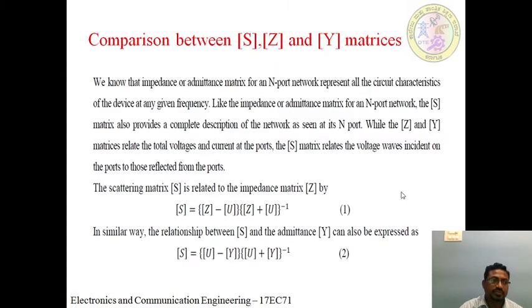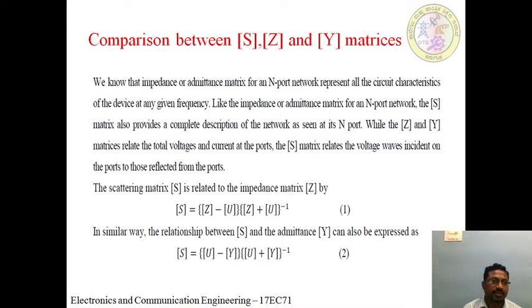First, I am going to discuss the comparison between the S parameter, Z parameter and the Y parameter matrices. As we know, the impedance or admittance matrix for an N-port network represents all the circuit characteristics of the device at any given frequency.